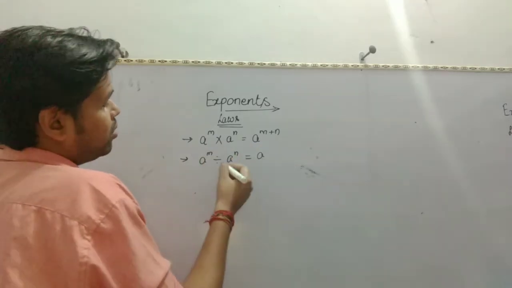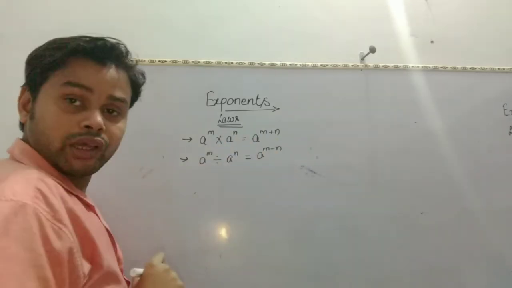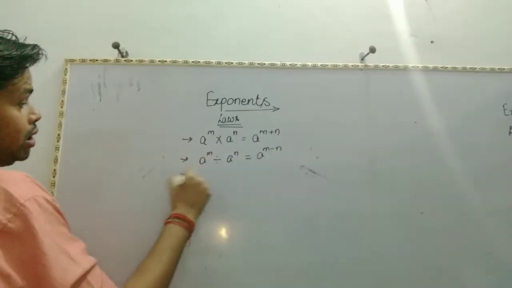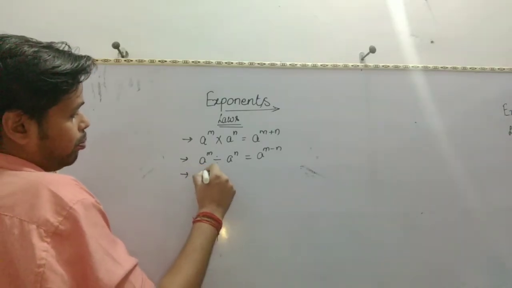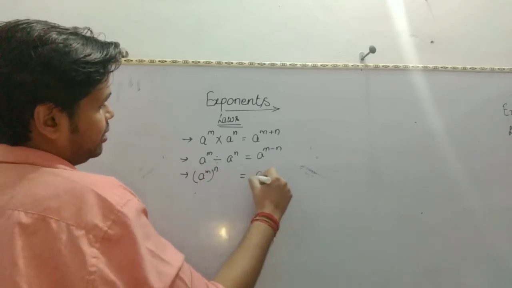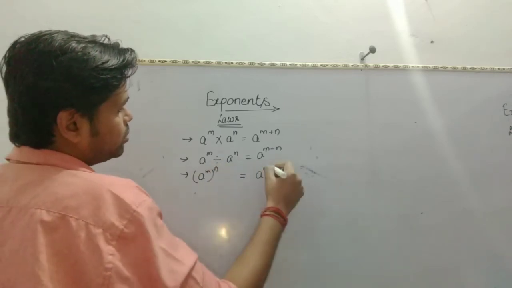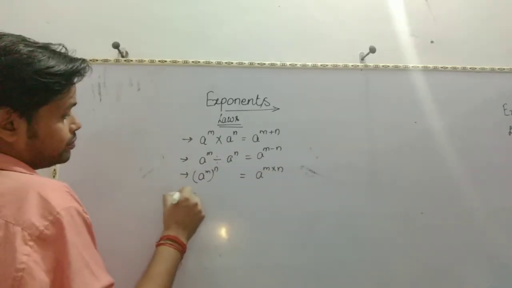That is, a to the power m when divided by a to the power n gives a to the power m minus n. The third law says that power to the power is being multiplied. That is, a to the power m to the power n gives you a to the power m into n.